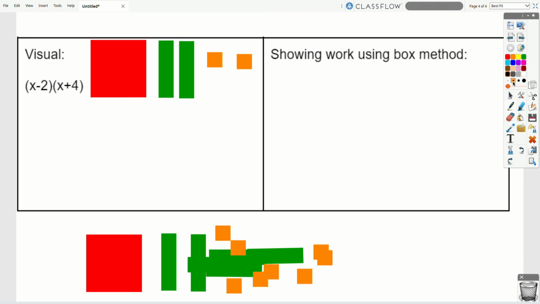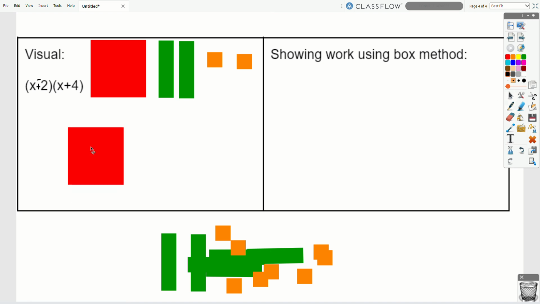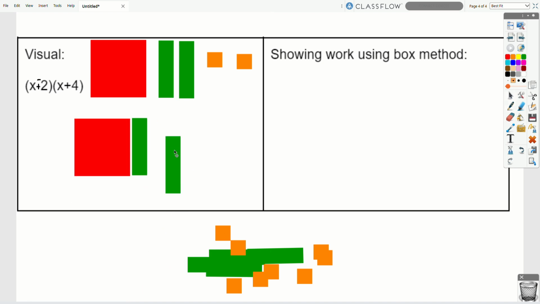Last one. Now we want x minus 2 times x plus 4. If we want, we can change this to x plus negative 2. And so we'll take this piece for x. We want negative 2 this time. So the only difference is that when we label these, this will be x, but this will be negative 1, negative 1. Okay, so that means this piece right here, instead, it's going to be negative x and negative x.